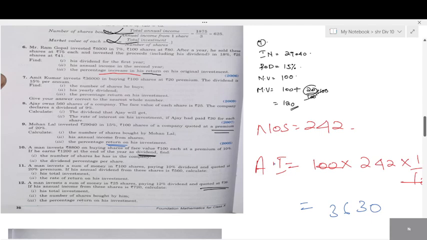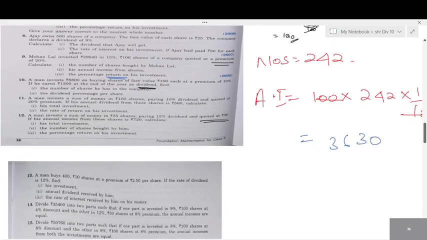Other things are the same. Okay, 11th one you can skip. 12th one, initial dividend. Amit Kumar invested in buying 100 shares at premium. The dividend is 15. All this you can easily do, students. Nothing tough. A man invests a sum in 15 shares, dividend quoted, 36 annual income. Same question, 400 at a premium, dividend.